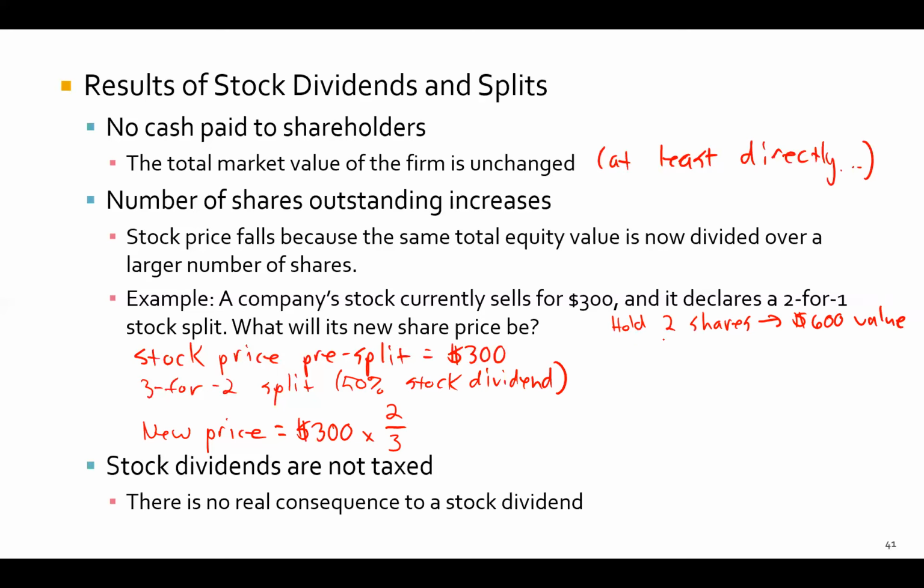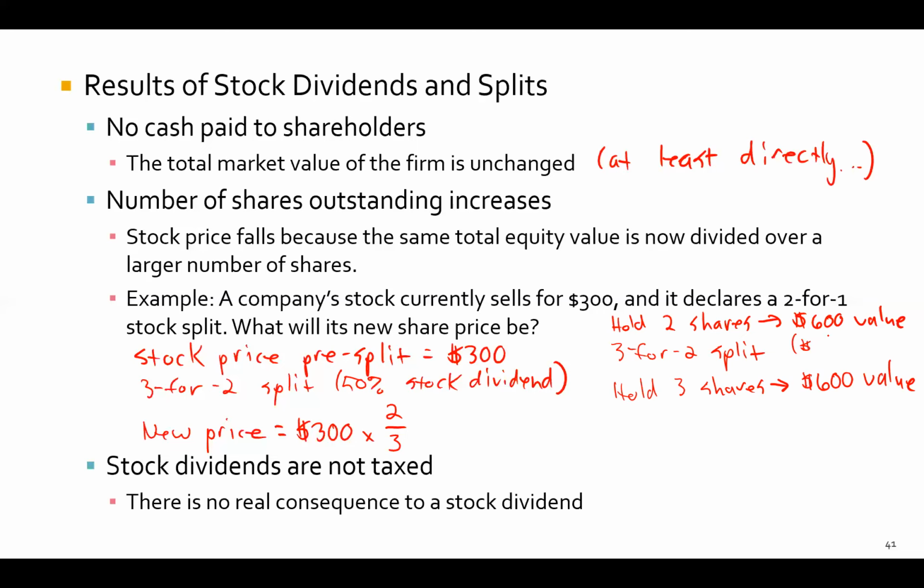Then the company goes for the 3-for-2 split. Post-split, you hold 3 shares, but nothing else has changed about the value of the firm, so that should still be a $600 value.